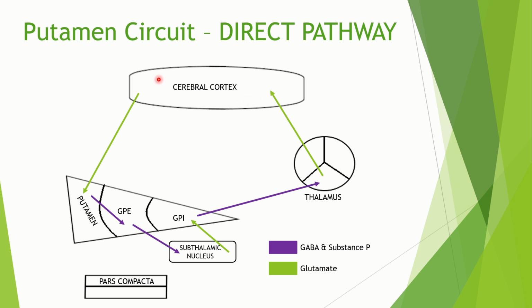So to quickly go through it again, the corticostriatal fibers in the indirect pathway are going to release glutamine, which itself is going to stimulate the release of GABA in the globus pallidus externa, which itself is going to inhibit the constant release of GABA in the subthalamic nucleus.